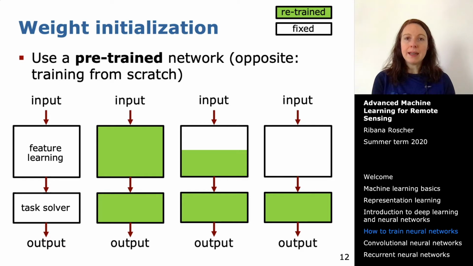So green indicates that this is retrained, and white indicates this part is fixed. And so the first possibility is that you have an input and the output, and you just retrain the whole network.